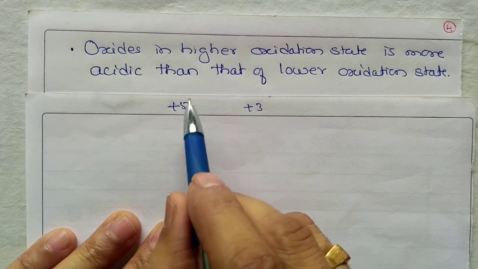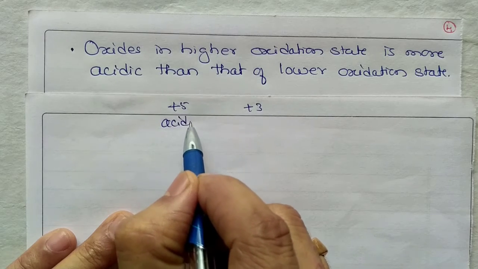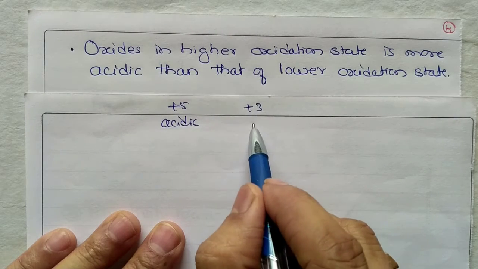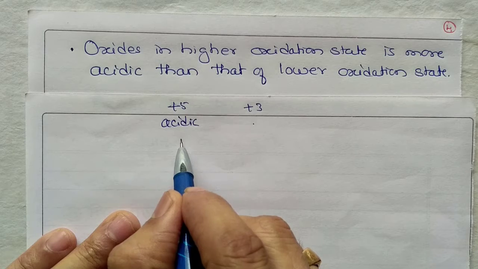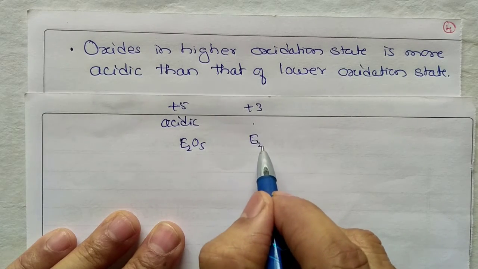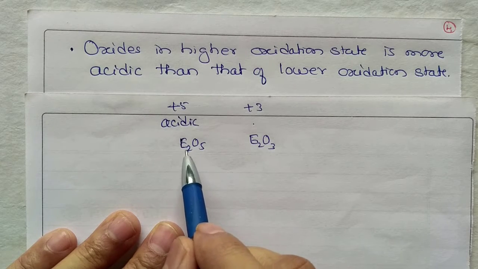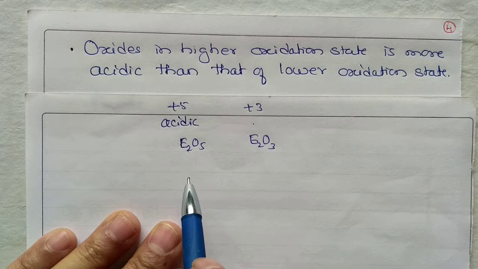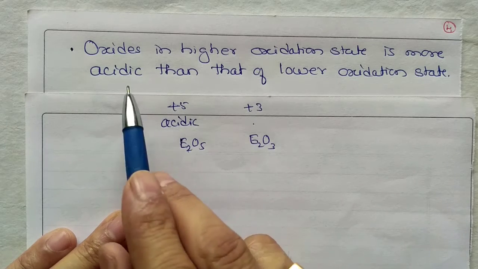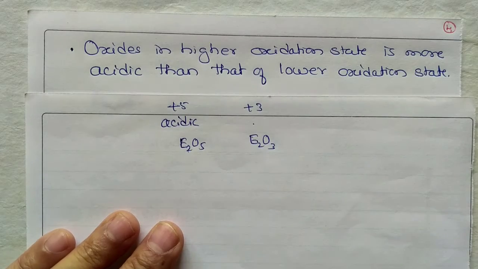So the +5 oxide is more acidic than this one. For example, if I take E2O5 and E2O3, say N2O5 and N2O3, N2O5 is more acidic. So a higher oxidation state is more acidic than a lower oxidation state.